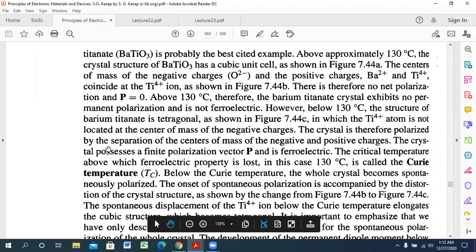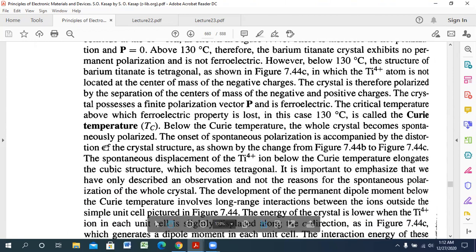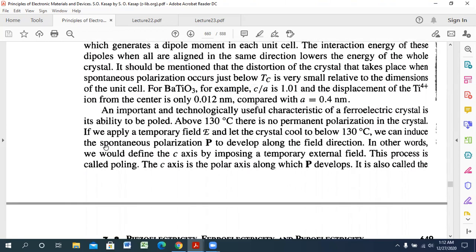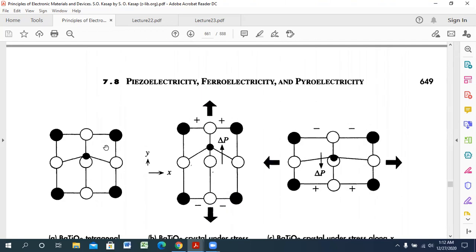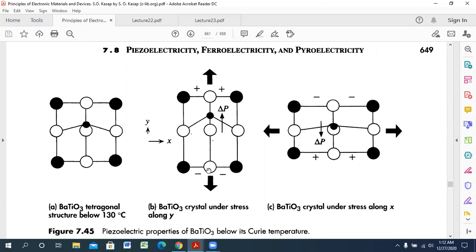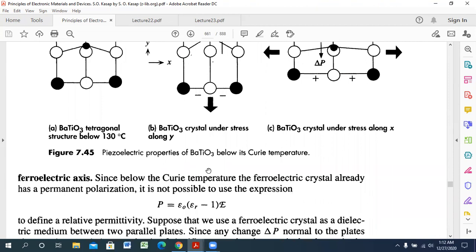So you know about the Curie temperature. Whenever you cross that temperature, then this delta P, that one is the polarization, will shift, and due to that there will be some flow of electricity, and that is known as ferroelectricity.